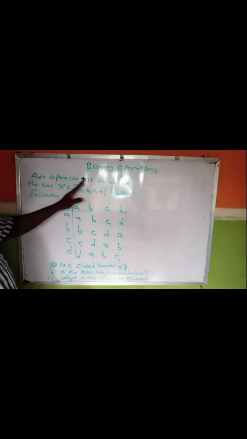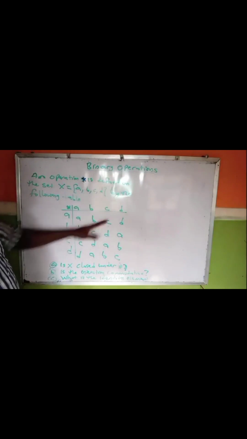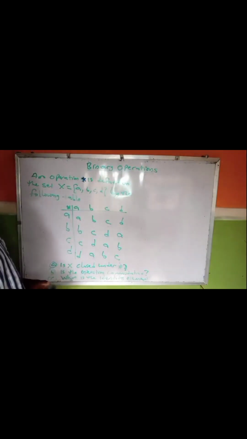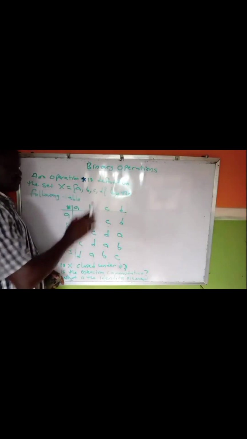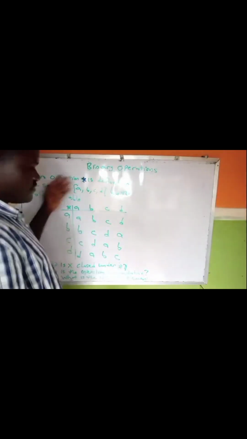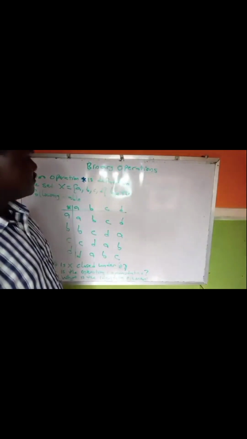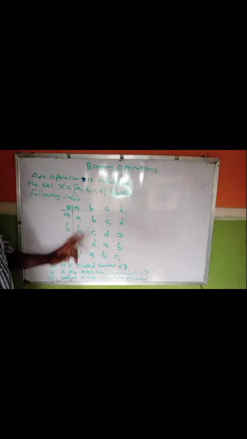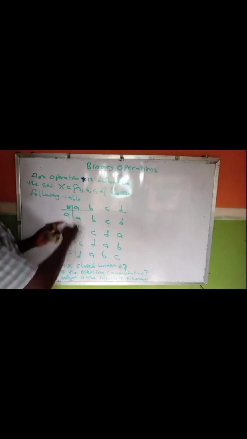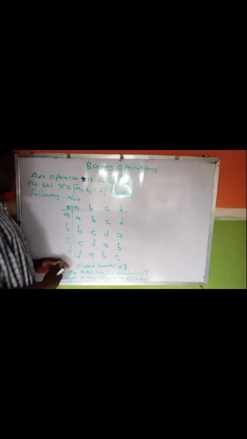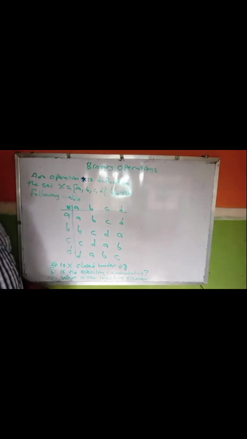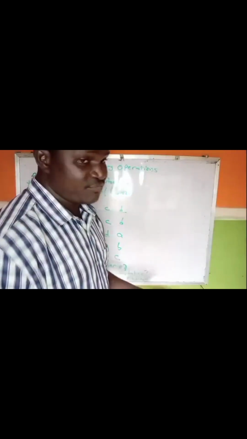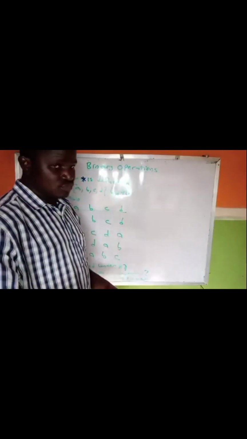Then an operation, this asterisk, is defined on the set X. These are the elements of set X. Now this one is different from the general binary because there's something they want you to do here by the following table. What you have here is A, B, C, D. Normally you can equally have it in form of numbers, as in modulus.